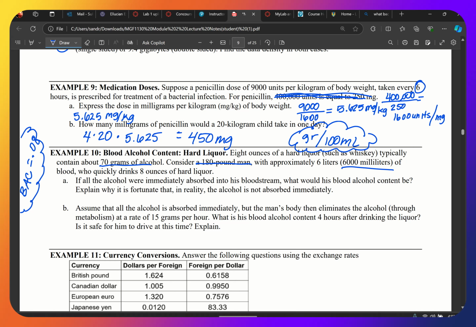So let's condense the 6,000 to 100 milliliters. 6,000 milliliters divided by 100 gives me 60.